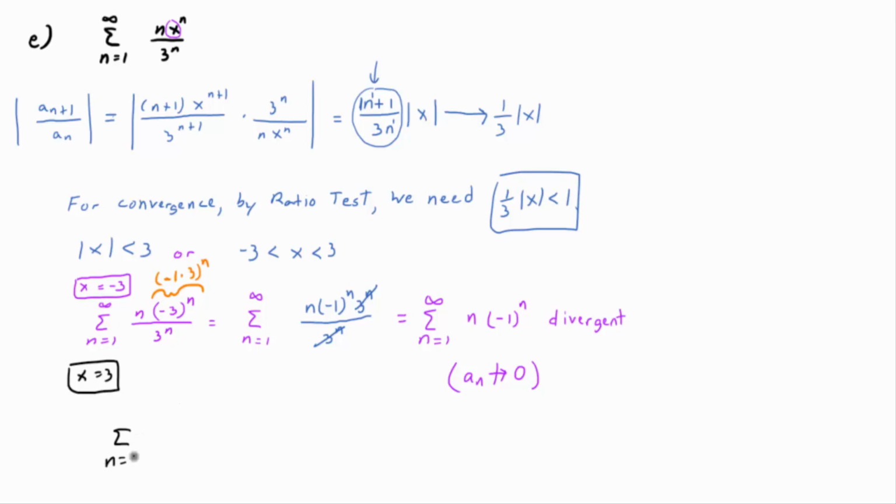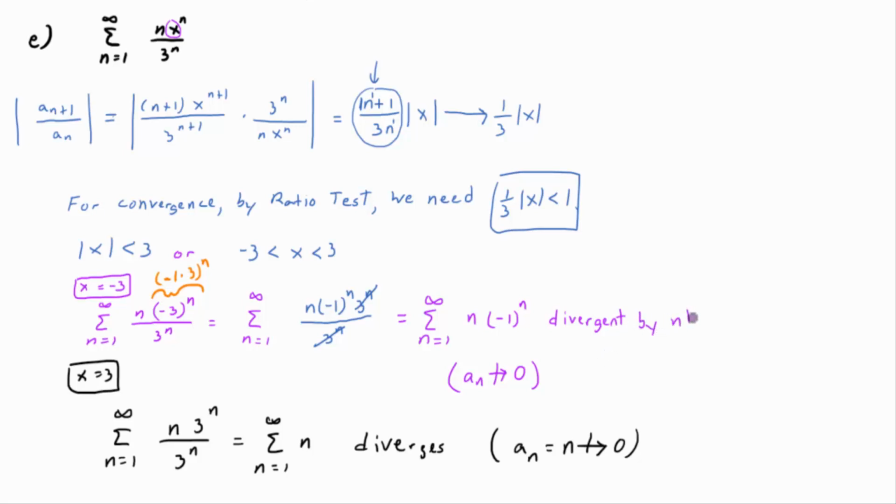Sum n equals 1 to infinity of n times 3 to the n over 3 to the n. So what do we get there? Sum of n equals 1 to infinity of just n. Is that going to converge? Diverges. a_n, which is n, does not converge to 0. So it diverges by the nth term test.